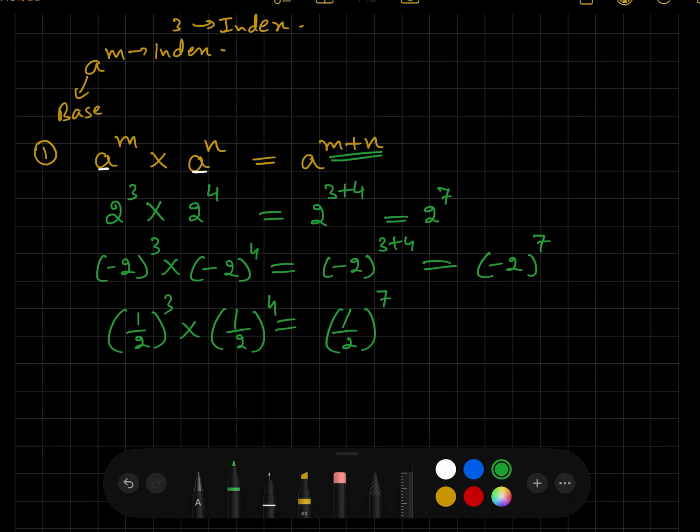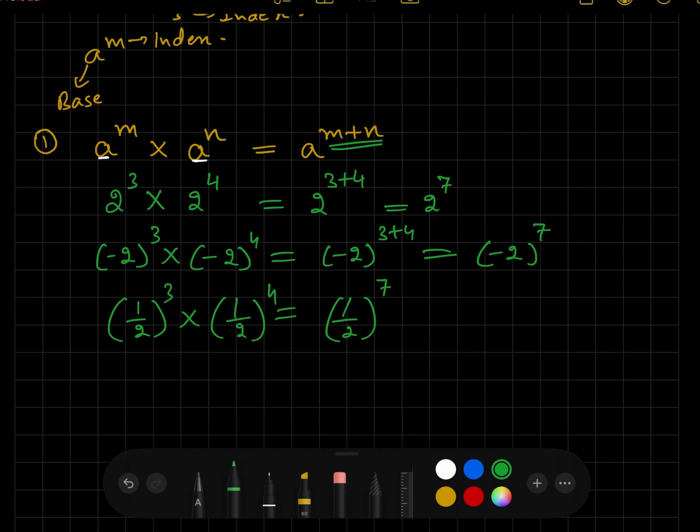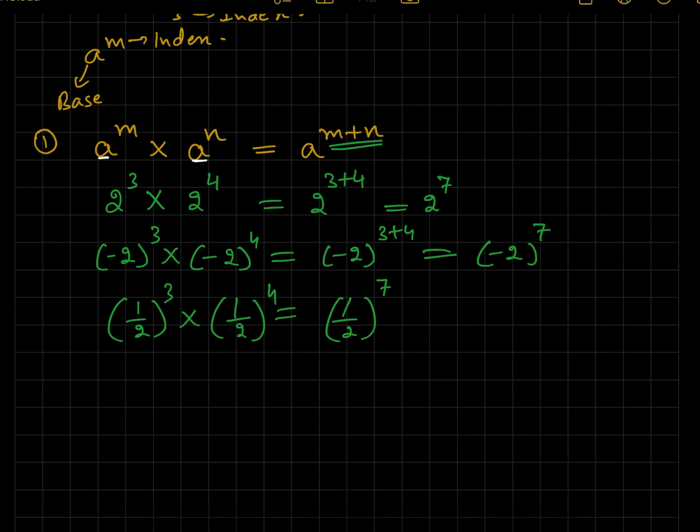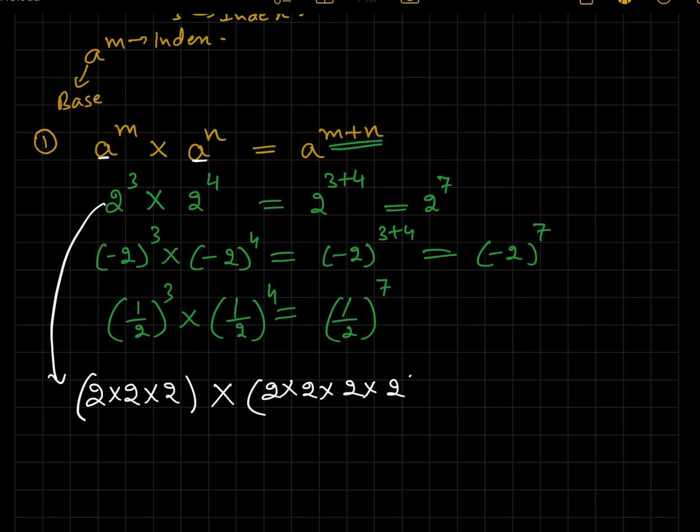Why is it so? Let us see that also. 2 raised to 3 is 2 into 2 into 2, multiplied by 2 raised to 4, which is 2 into 2 into 2 into 2. So in total how many? 1, 2, 3, 4, 5, 6, 7.